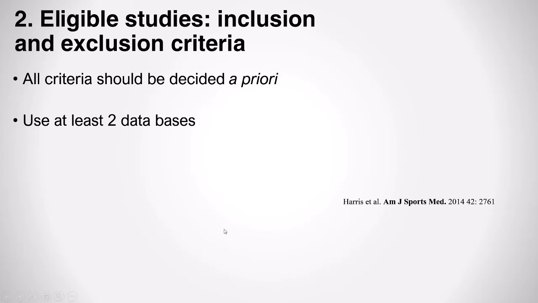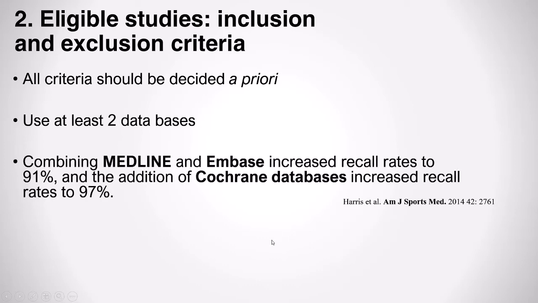So use at least 2 databases. And again, the really good paper that I showed you at the outset of the session shows that just by combining 3 big databases, Medline, Embase, which I think you have free access to through the university, and certainly the Cochrane database or Cochrane collaboration, which is a really excellent resource, you got up to about 97% of all relevant material.